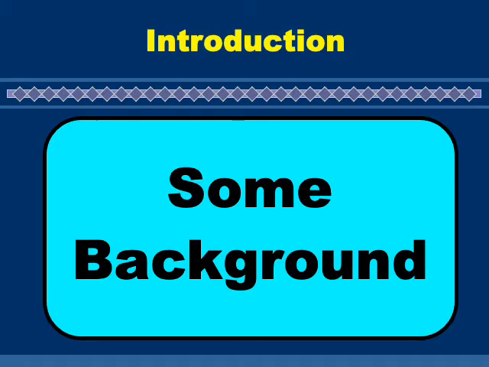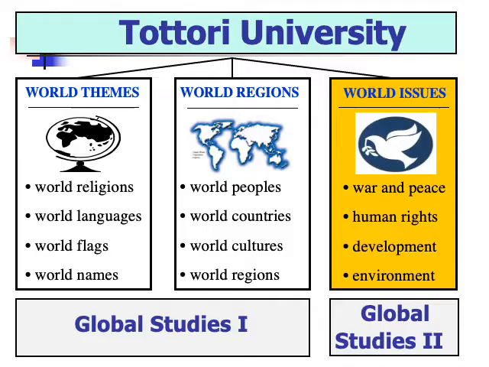I'd like to start with some background. The activities we'll look at today are from a global studies course that I teach at Tottori University. At Tottori University, we have 2 courses, Global Studies 1 and Global Studies 2. Global Studies 1 consists of 2 parts. The first half deals with world themes.